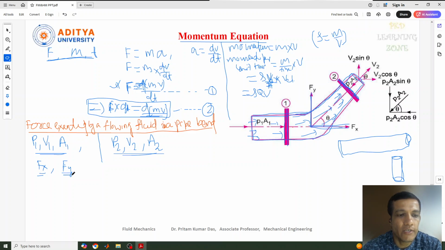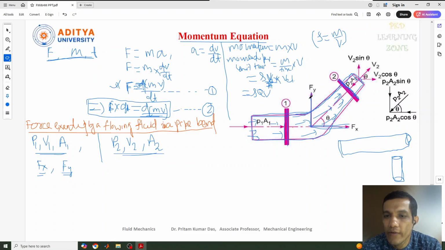So these are the two forces I have written here. These are the forces exerted by the water on this pipe bend, in the x direction as well as in the y direction respectively. Now the force exerted by the bend on the fluid in the direction of x and y, as I told you, should be equal and opposite to Fx and Fy.